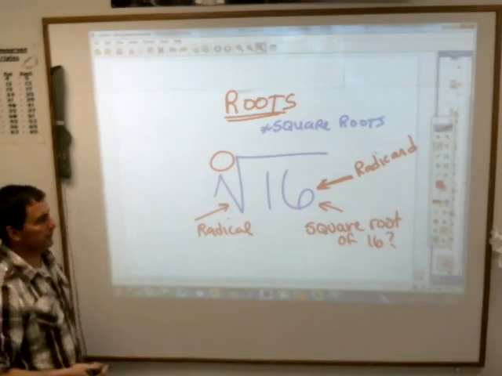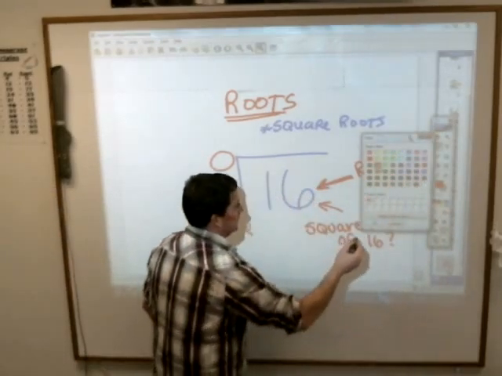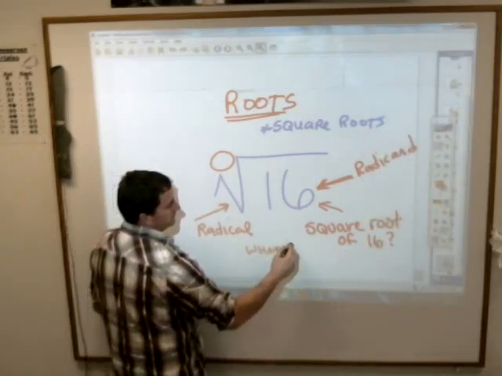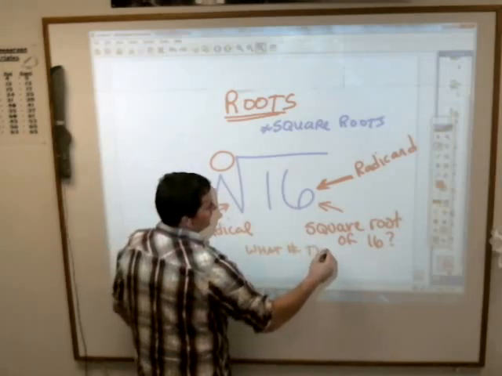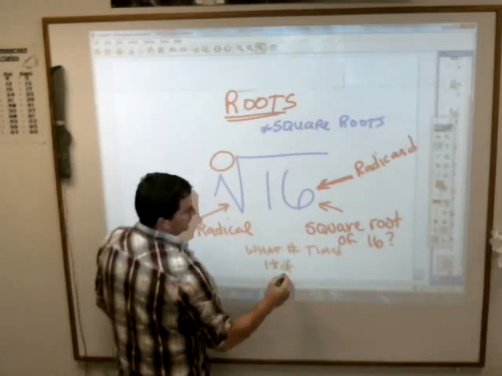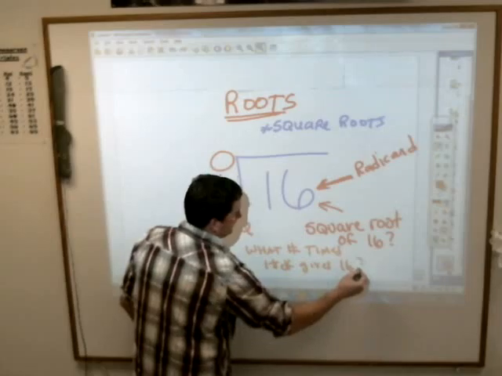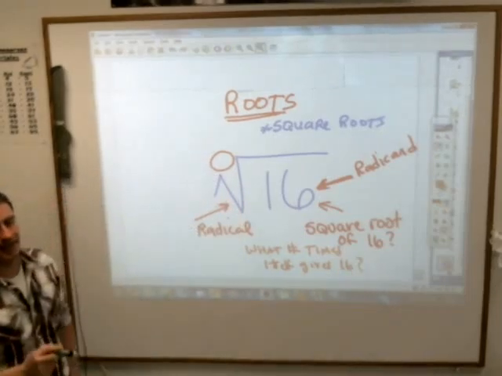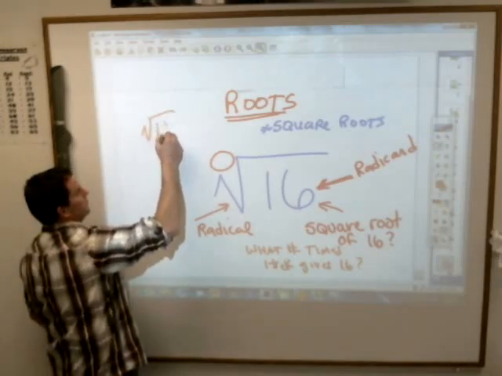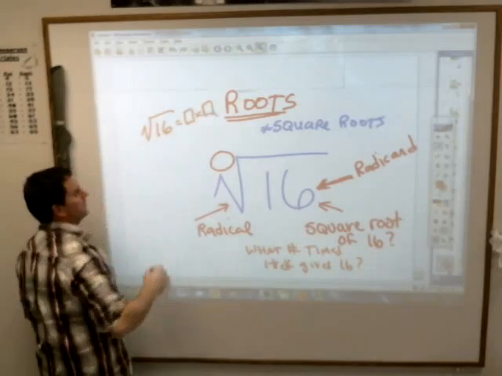The question you have to ask yourself is simply this: you are looking for what number times itself gives you 16? What same number times itself will give you 16? The square root of 16 is what same number times itself will give you 16.